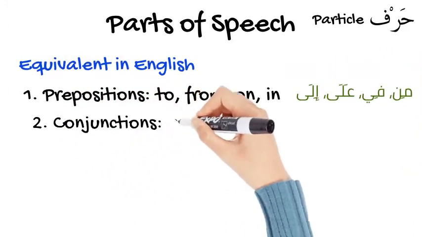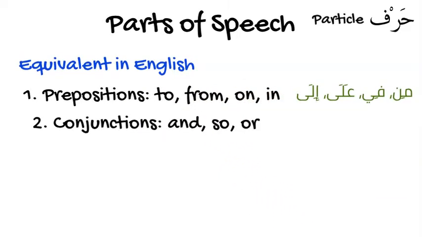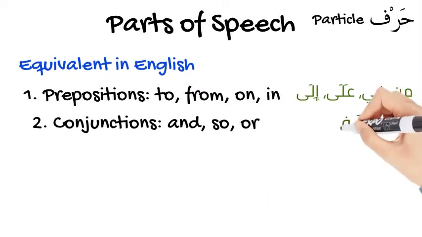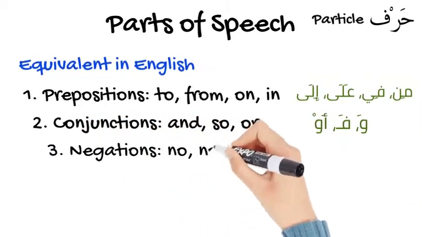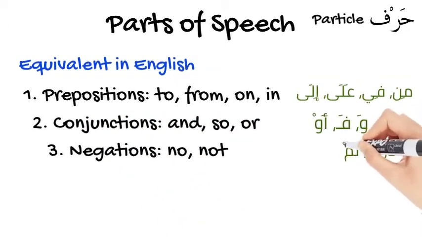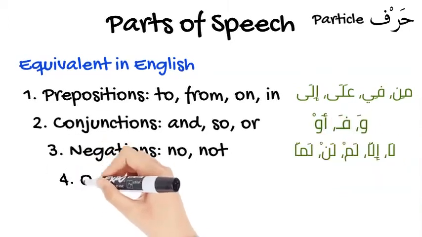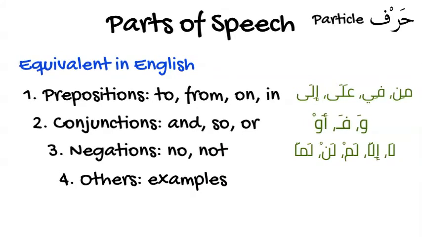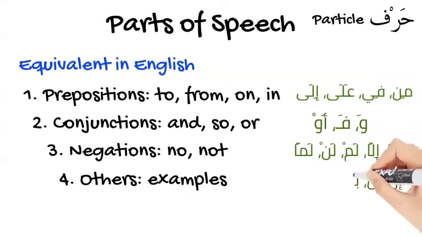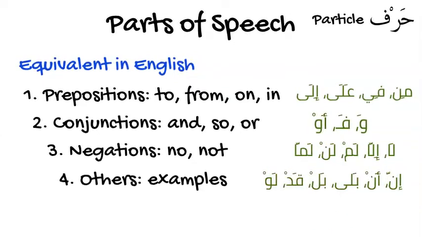Conjunctions, and this would be and, so, or, and that in Arabic would be wa, fa, aw. Negations such as no, not. In Arabic, that would be la, illa, lam, lan, lamma. And then so many others. This is not an exhaustive list. Some other examples include inna, an, bala, bal, qad, law.